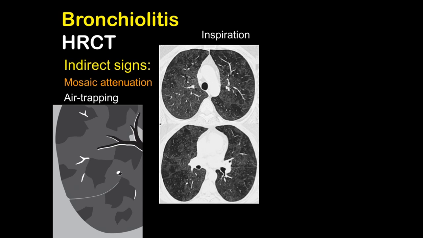Indirect signs of bronchiolitis include mosaic attenuation in inspiratory CTs, where we can see patchy areas of diminished attenuation and areas of higher attenuation.